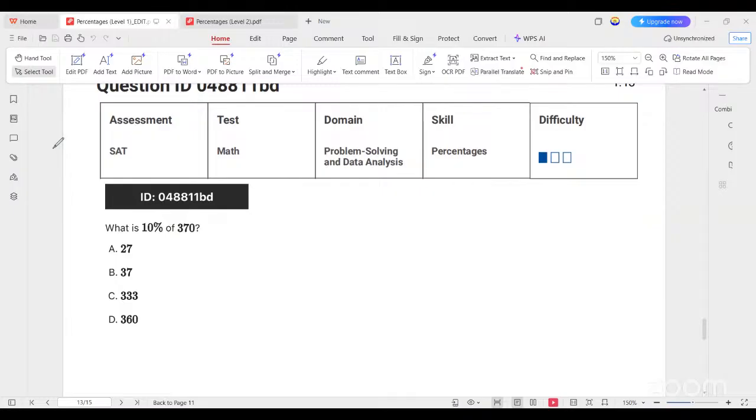This is very simple, straight away. 10% is just removing one 0, so it is 37. Fine.